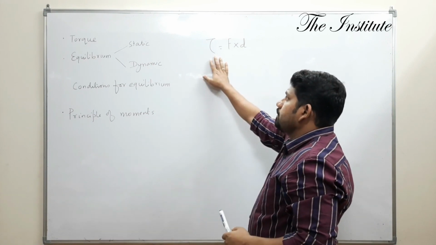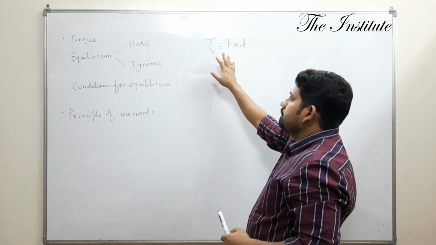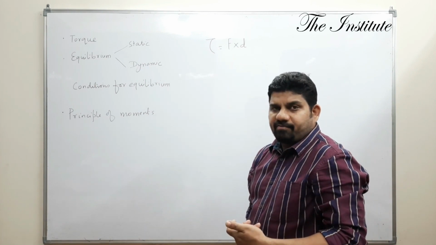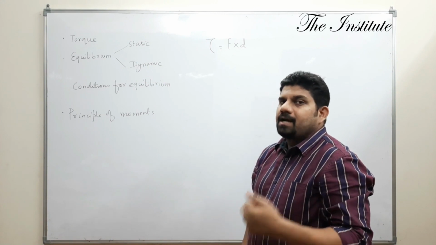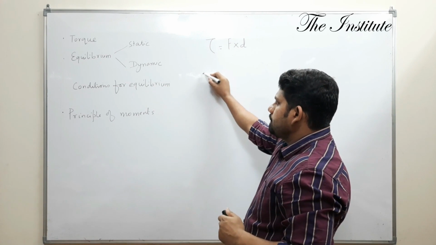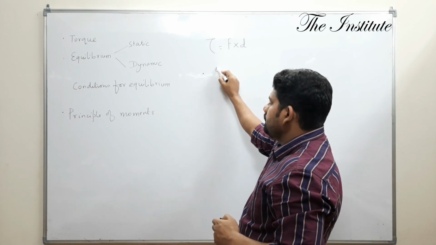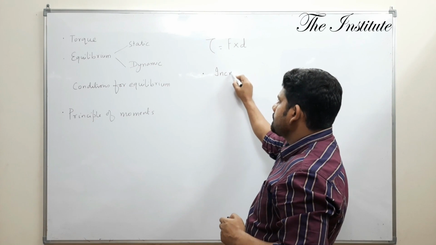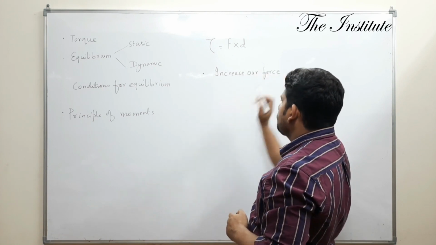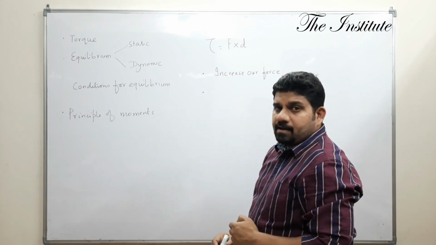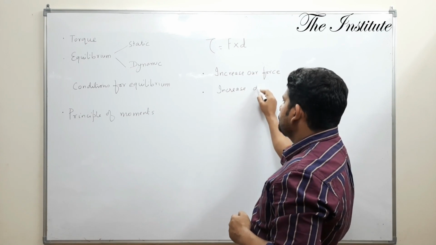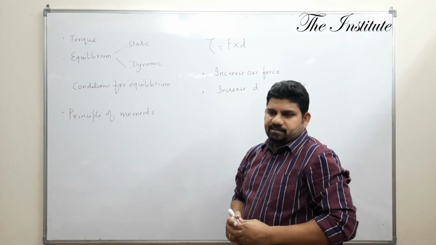So we can see from here that in order to get maximum turning effect, maximum torque, we have two ways. Either we increase our force, and second, increase d, that is the perpendicular distance.